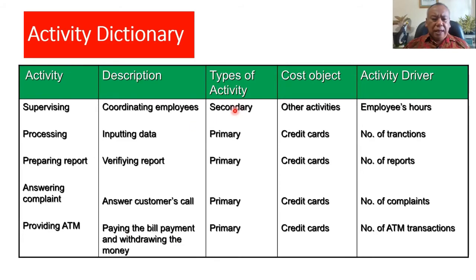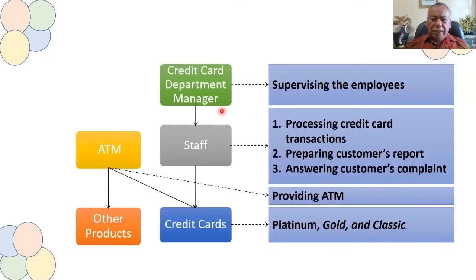Supervising is a secondary activity, because if you look at this hierarchy, at this level the manager is not directly conducting activity related to credit card. The activities directly related to the credit card are conducted by the staff.